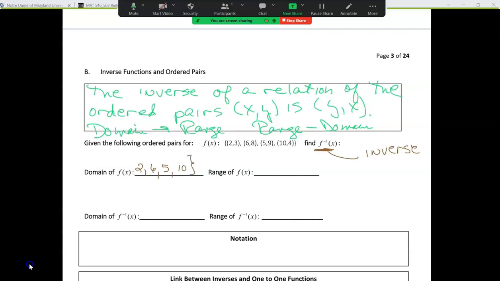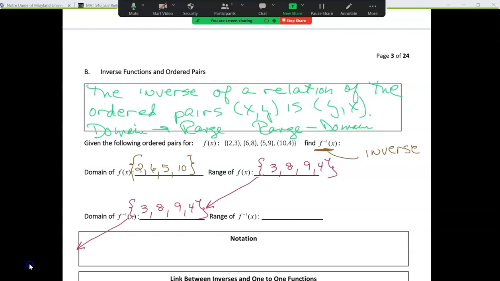I'm going to use set notation, so I use these little curlicues. My range are the y's. So 3, 8, 9, and 4. Okay. I'm now looking for the inverse. So remember I said the range of your function becomes the domain of the inverse. So I'm going to just copy this and put it right there.